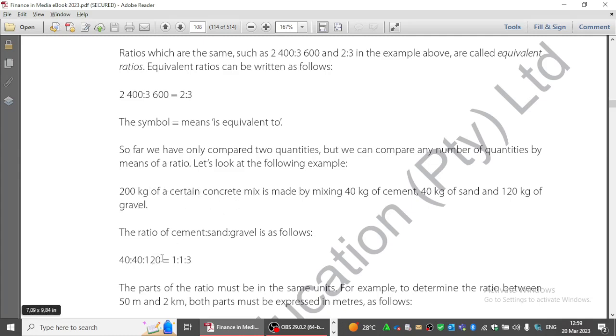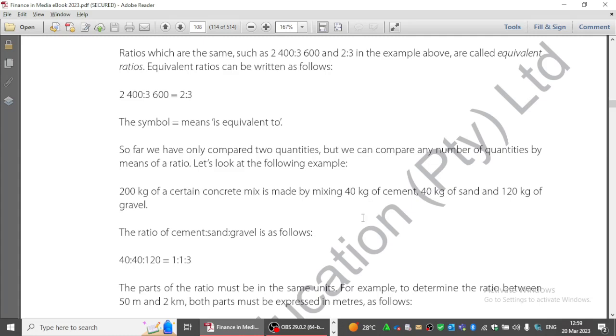And this simplified could also be stated to say that for every 120 kg of gravel in each concrete mix, there will be 40 kg of sand and 40 kg of cement. Meaning that if we have got 240 kg of gravel, we will be having 80 kg of sand and 80 kg of cement within that concrete mix.